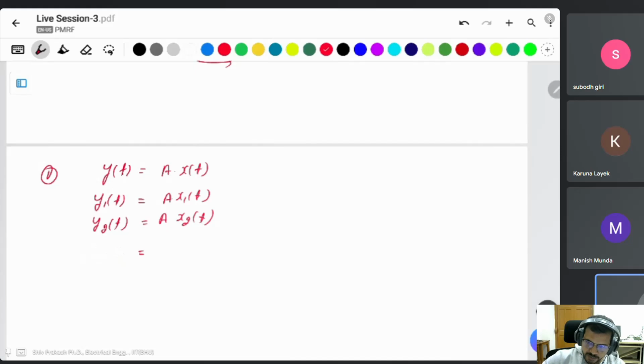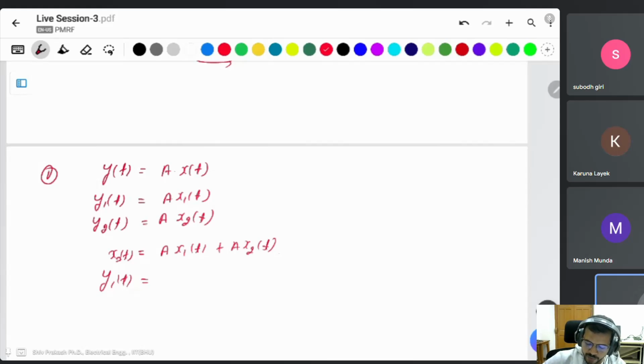Suppose x3 is some input, the sum of these two, a x1(t) plus a x2(t), then what is the output? The output in this condition is the same as the sum of the outputs of these.